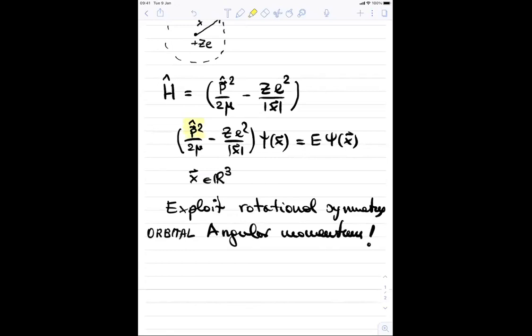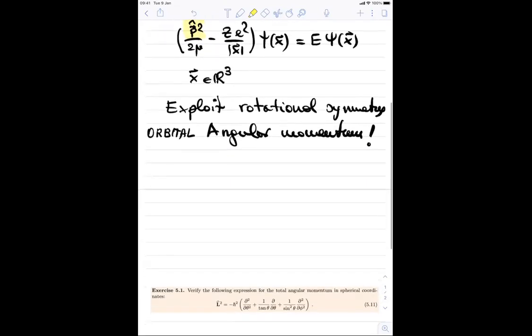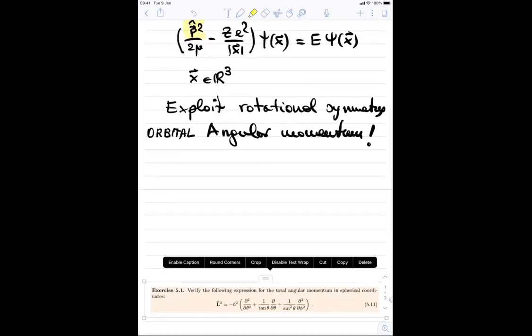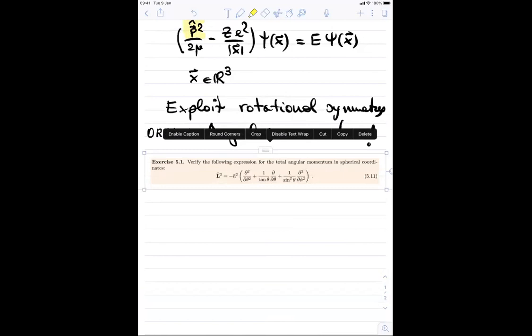You see this p squared? Let's analyze it better. Look at the expression that we gave a few lectures ago about the total angular momentum squared, the orbital one.